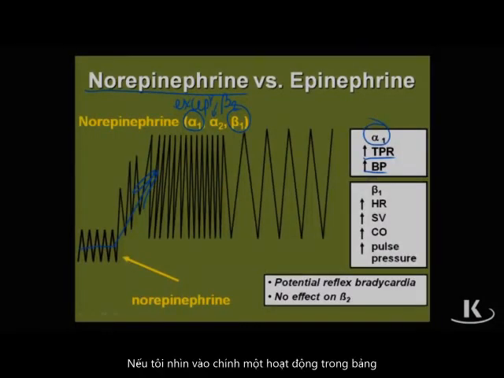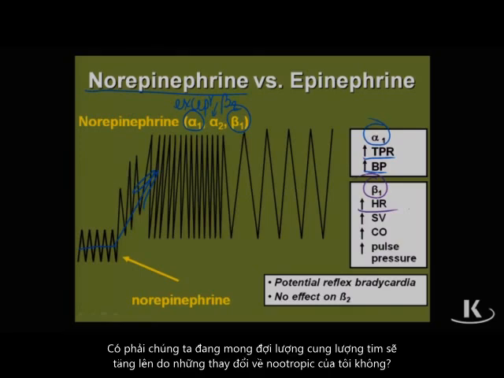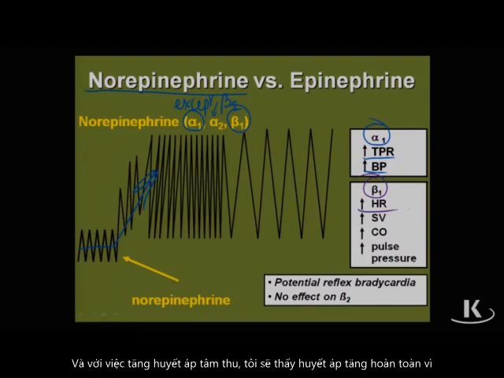How about the beta 1 activity? If I look at the beta 1 activity in the table, I'm expecting tachycardia. I'm expecting the resulting increased stroke volume, cardiac output from inotropic changes, and with an increased systolic blood pressure, I should see an increase in pulse pressure altogether because of that increased contractility.